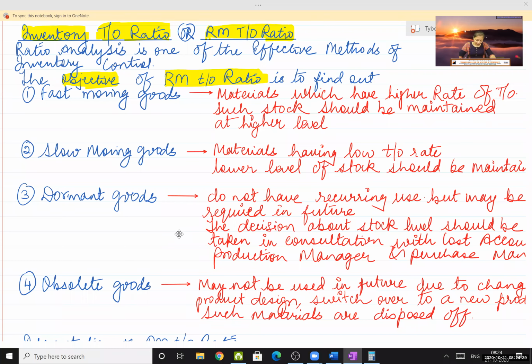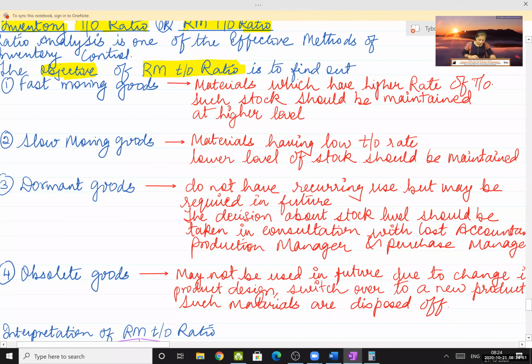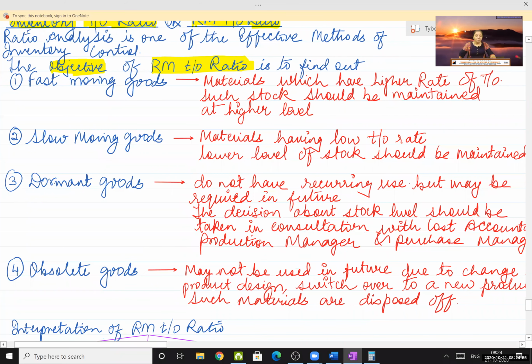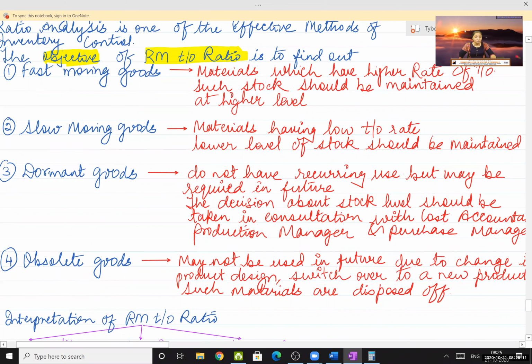Next, slow moving goods. Materials having low turnover rate are slow moving goods, but comparatively they will have a lesser demand than the fast moving goods. I just gave an example of A, B, C, D. So a lower level of stock should be maintained in comparison to fast moving.